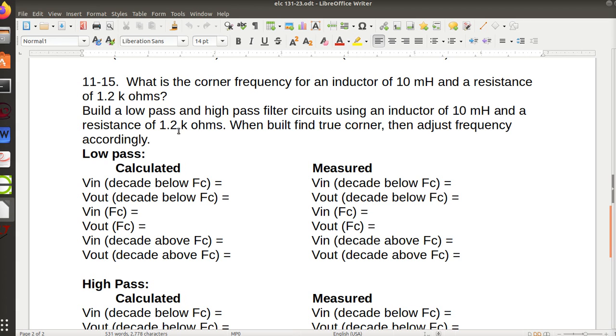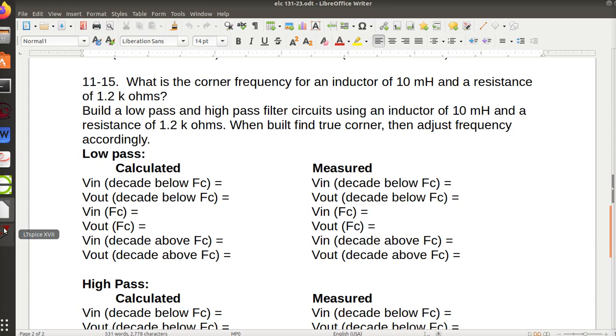So your resistance is not all due to the 1.2 k ohms. You have some resistance from the millihenries, and so your true corner frequency will probably shift a little bit. And so if you were to build this, then you would find the true corner frequency when you are down to 70% of your applied voltage. Then you know you are at the corners.